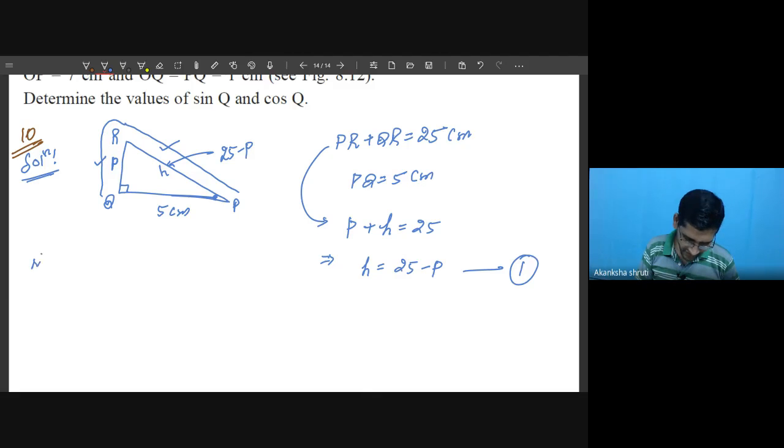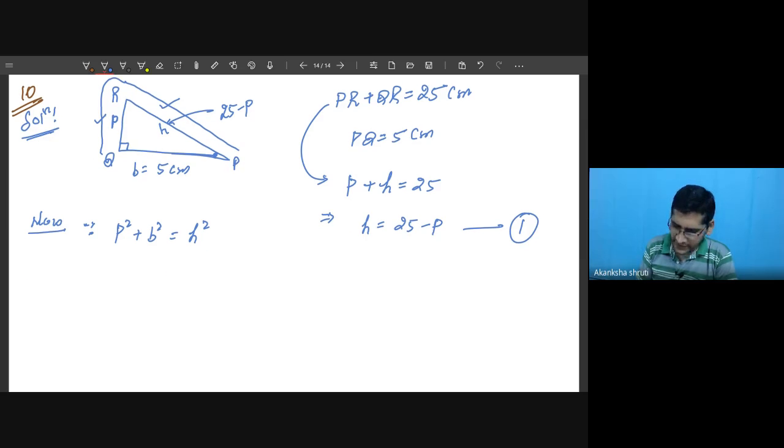Now, since it is a right angle triangle, the Pythagoras theorem is available to us. P square, you may denote this as B, plus B square is equal to H square. What is P? P we need to calculate, so keep this as it is. What is B? B is given as 5.